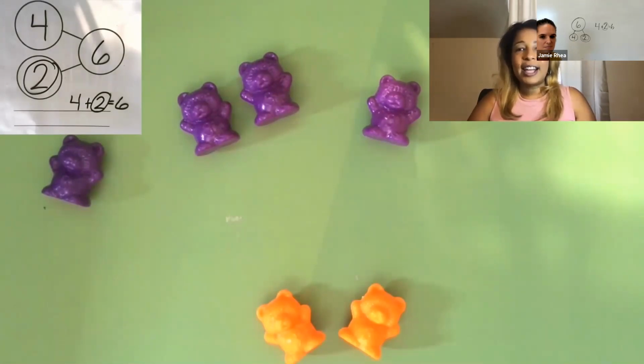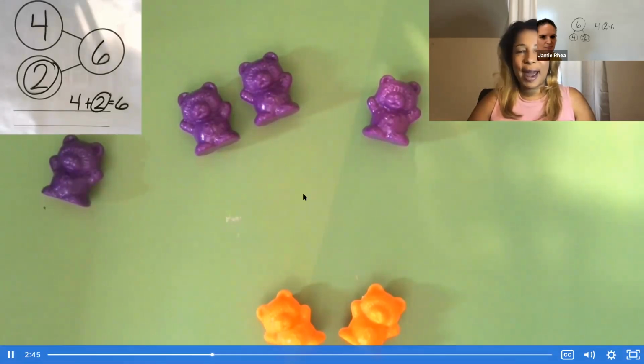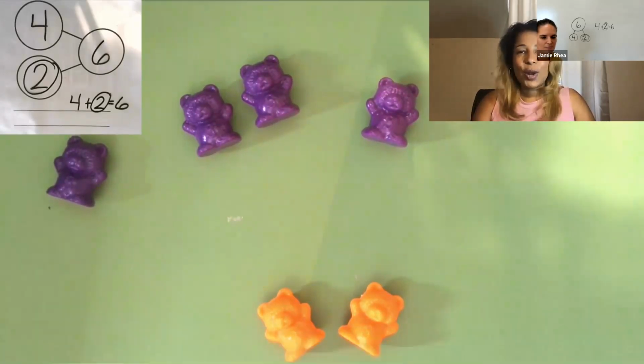Many of you used addition to figure out how many bears came over to play. When we checked our work just now, we separated the 4 bears from the total group of 6 bears. Since we already know the whole and one part, we can use subtraction to find the other part. Okay.